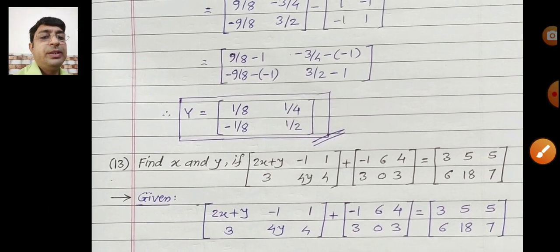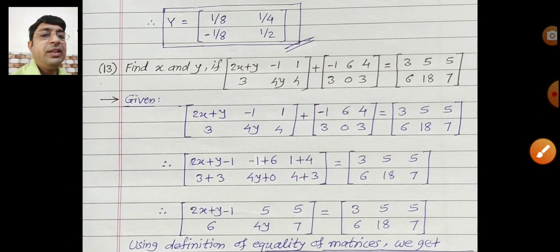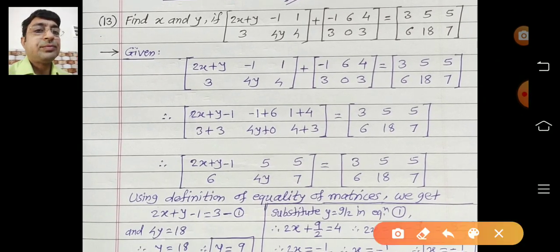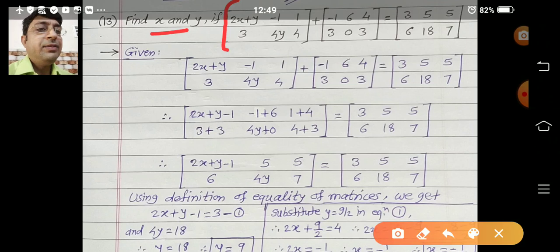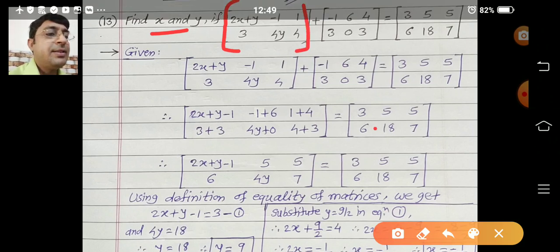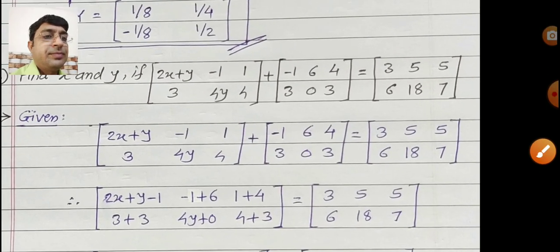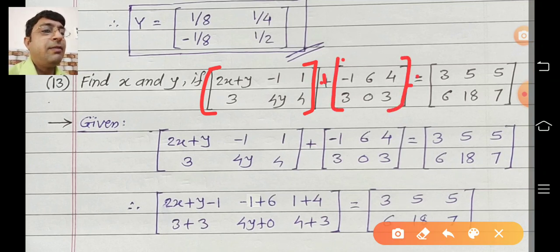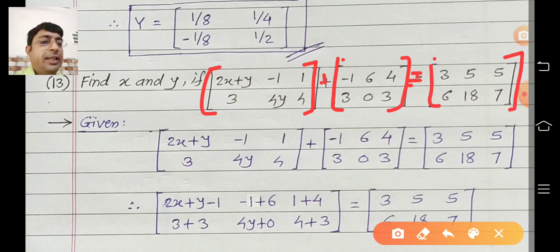Last question of today's topic: find the value of x and y. If these two matrices are given here, this is one matrix, one matrix plus second matrix is equal to, on the right hand side one more matrix is given for equating.